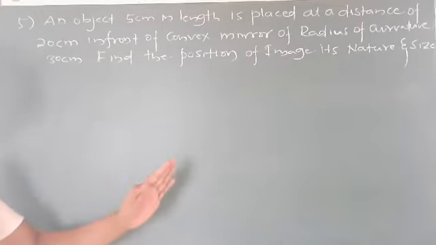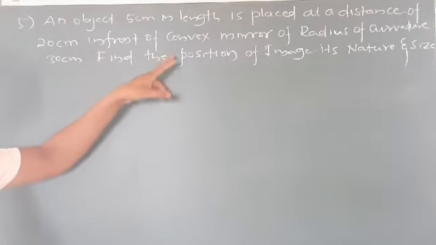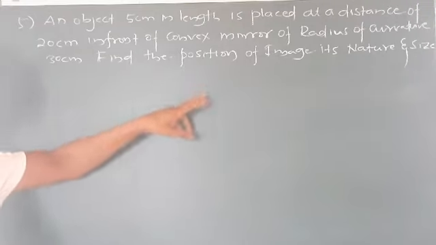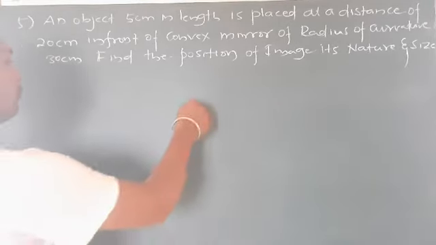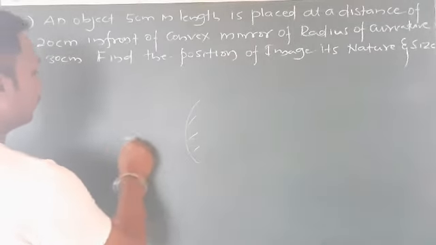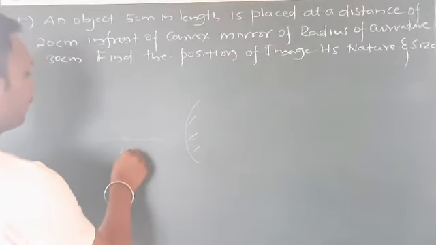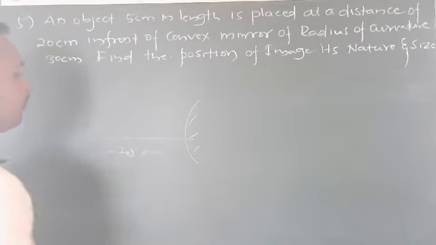This object is placed 20 cm in front of a convex mirror. Which type of mirror do we have this time? Convex. So the object is placed 20 centimeter away from the mirror, so minus 20 it is.